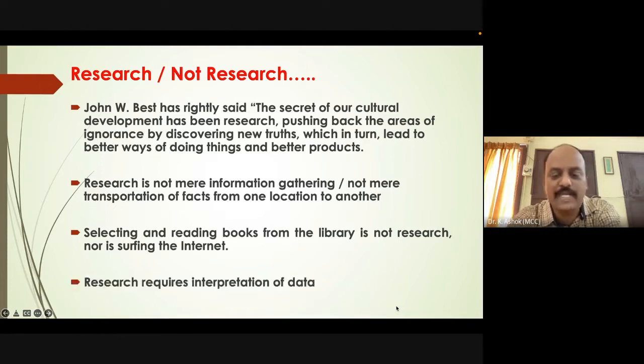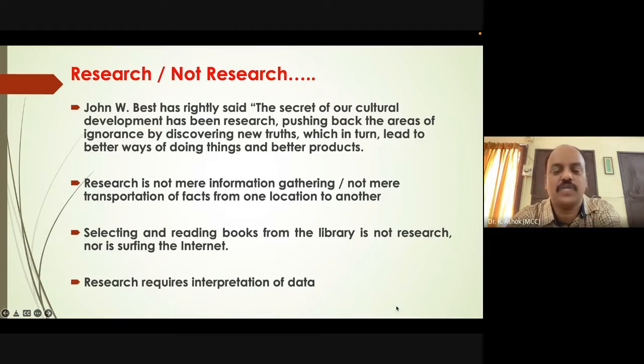Research requires interpretation of data. Whatever you have collected, whatever you have read, has to be interpreted, and this interpretation should be based on some sound theory. As my previous speaker, Dr. Shiba, was talking about this concept of theoretical foundations.